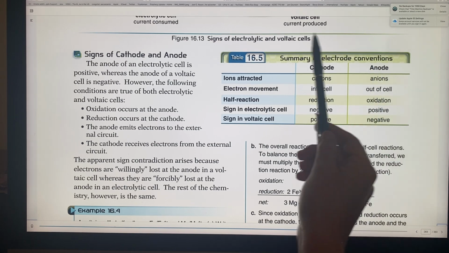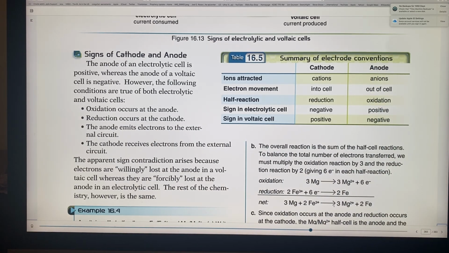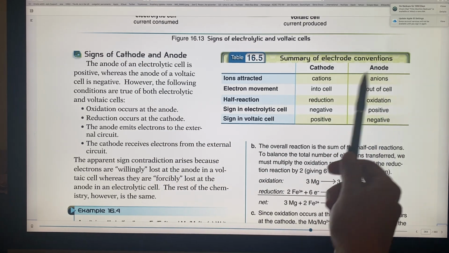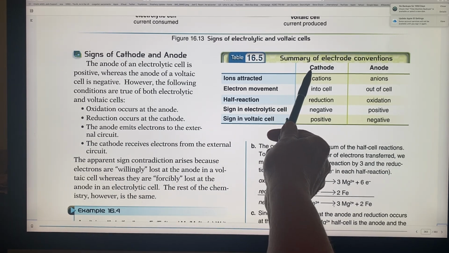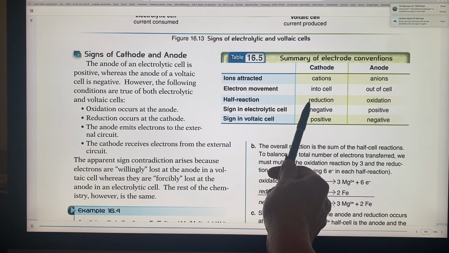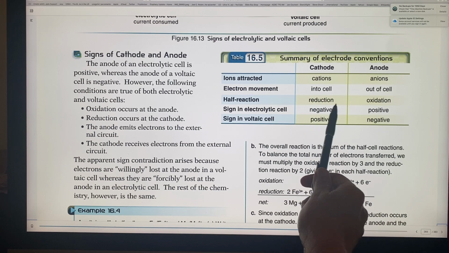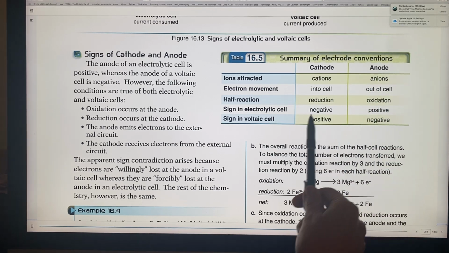The electron movement is going to be into the cell and out of the cell. These are the electrode conventions. The half reaction at the cathode is reduction, the consonants, and at the anode it's oxidation.